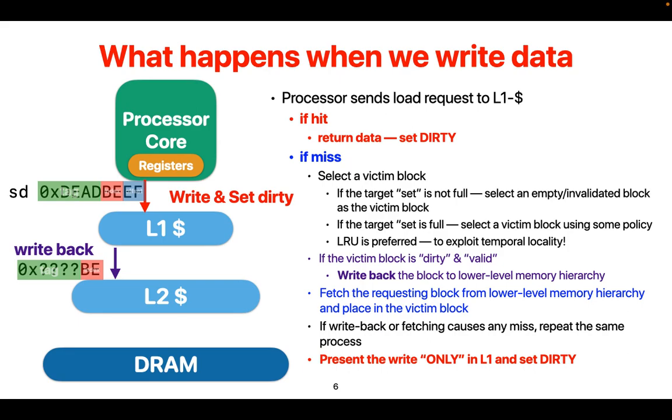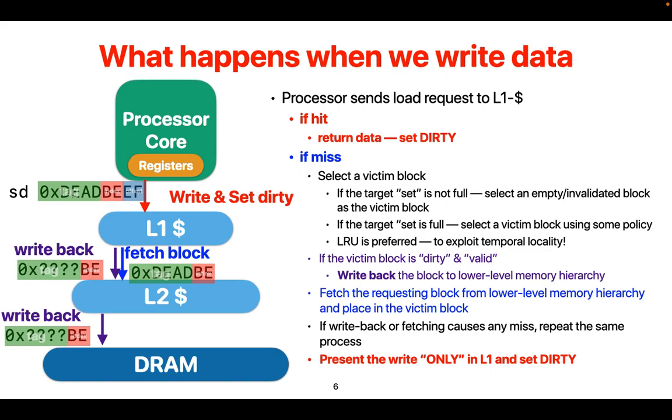The operation of reflecting a change to a lower level memory hierarchy is called write back. So you write back the victim block that you are going to replace into the lower level memory hierarchy, and then fetch the block you desire into that location.